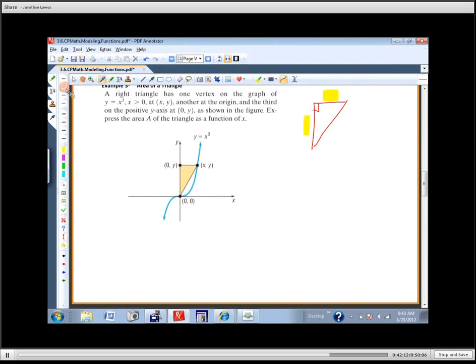Now, without reading the problem, let's just look at the diagram. How far is it from here to here? X. So this is y, this is x. Haven't even read the problem yet. If you were going to find the area of that, it would be 1/2 the base times the height.